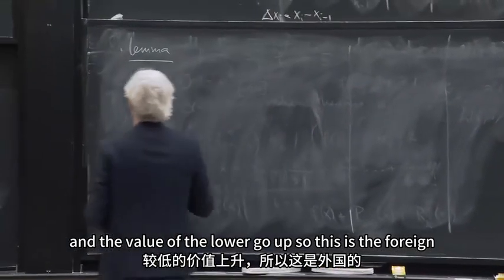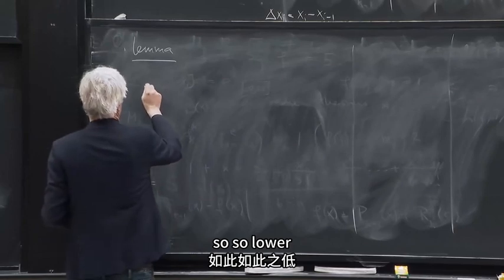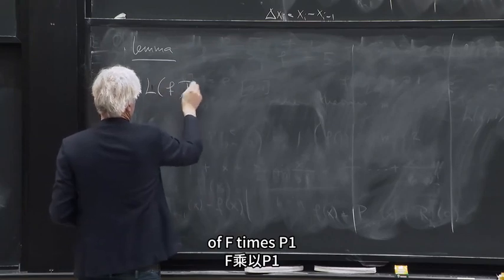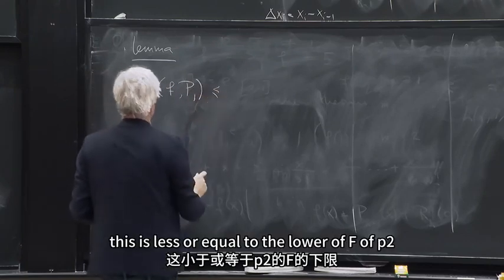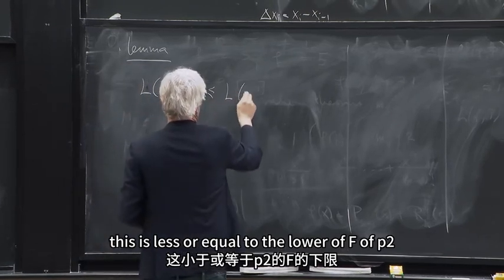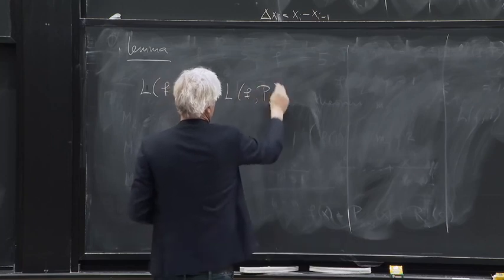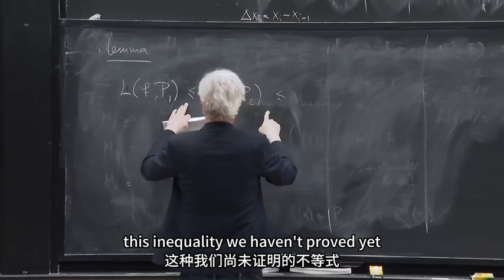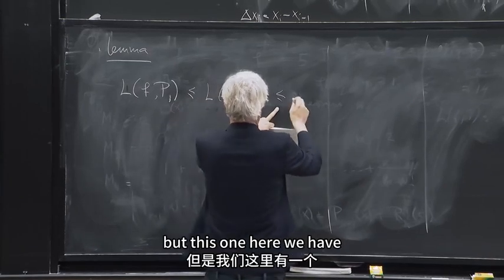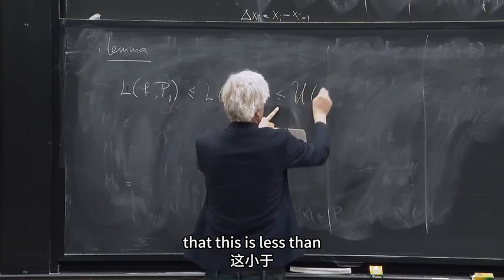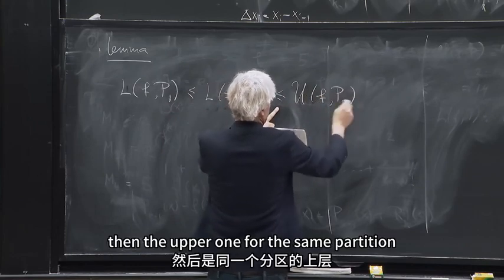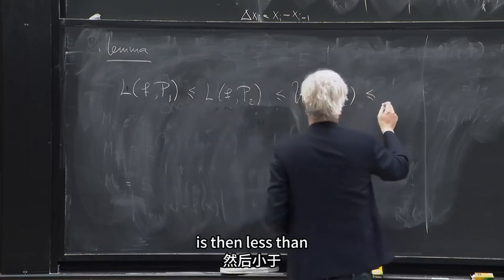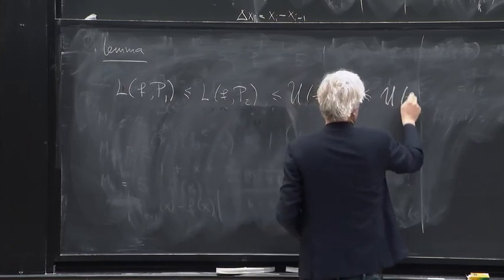So the lower sum of f for P1 is less than or equal to the lower sum of f for P2. We already proved that this one here is less than the upper one for the same partition. And the second claim is that this is then less than the upper sum for the first partition.